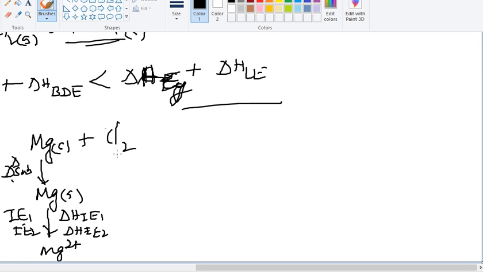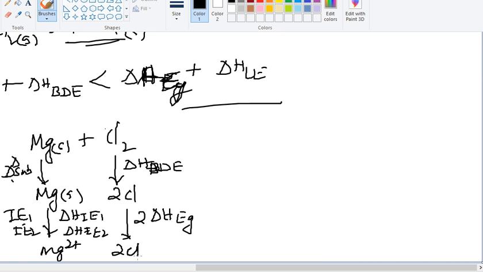In that case for Cl2 we need the enthalpy of dissociation. Here 1 mole of Cl2 is required, so obviously I am using the enthalpy of bond dissociation, and then it converts into 2Cl. When it gets two electrons, for 2 chlorine there would be 2 enthalpies of electron gain, and then it converts into 2Cl minus, and both combine. Then we get the enthalpy of formation.